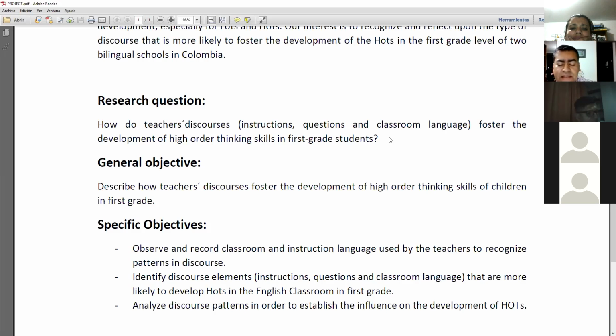Identify discourse elements, instructions, questions, and classroom language that are more likely to develop HOTS in the English classroom in first grade. And analyze discourse patterns in order to establish the influence on the development of HOTS. Yes. Okay. I would say you can start working with the literature review and the rationale.